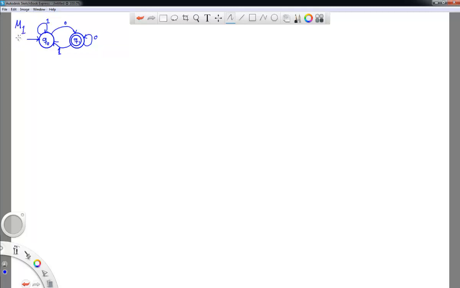And then let's make automaton M sub 2 also a two-state object. And for this, let's make the start state an accept state.